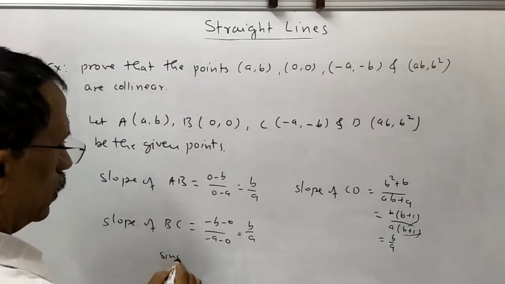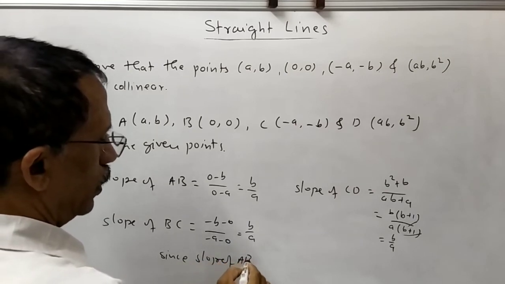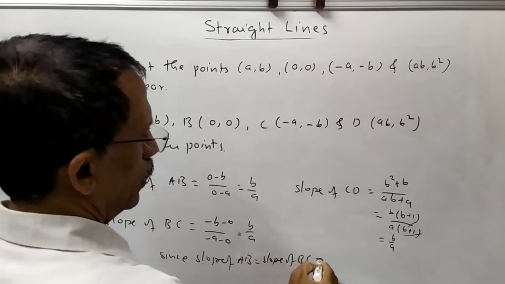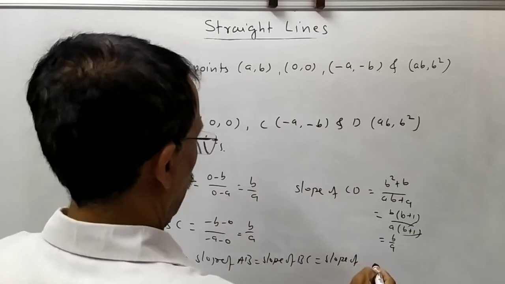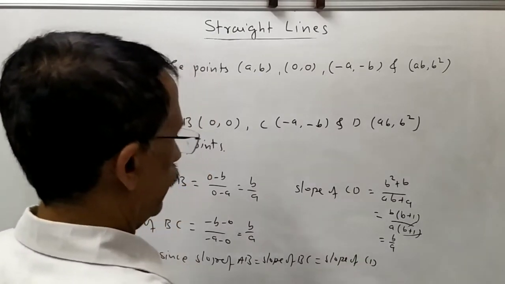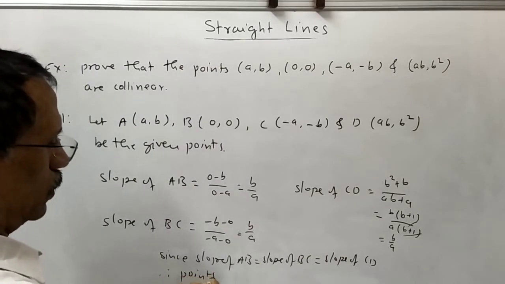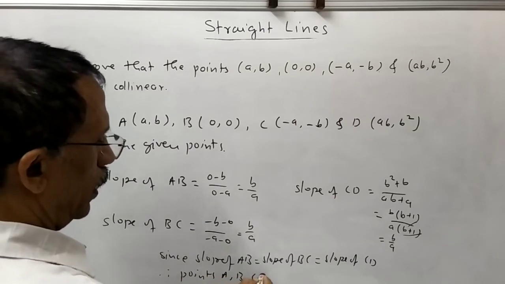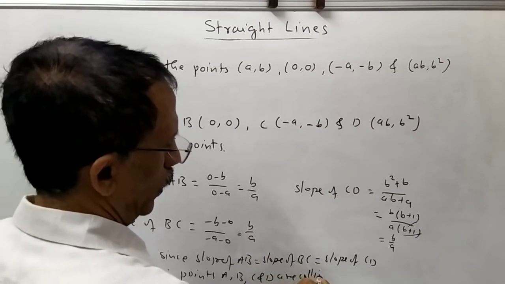Since slope of AB is equal to slope of BC is equal to slope of CD, therefore points A, B, C and D are collinear.